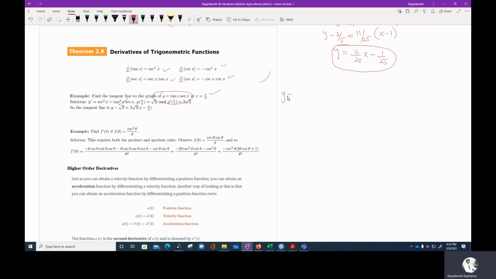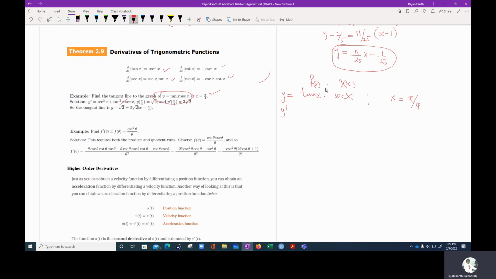The given function y was tangent x times secant x. Remember, this is in product form, but a trigonometric function. The given point was pi over 4. First of all, you need to find y prime.